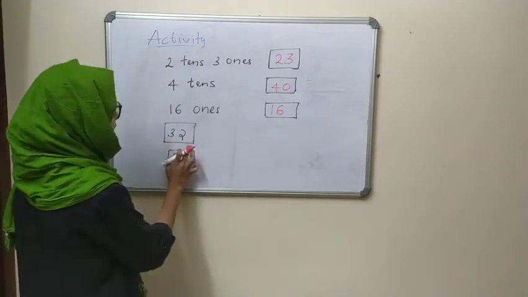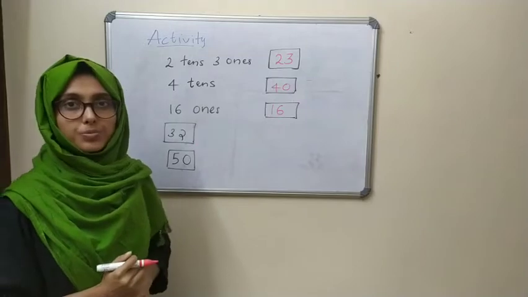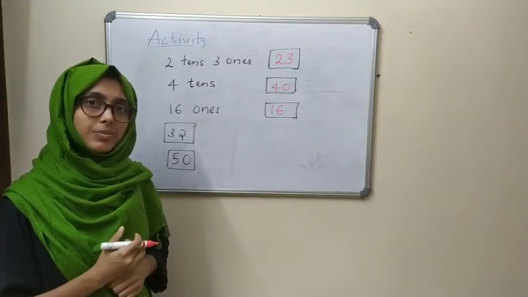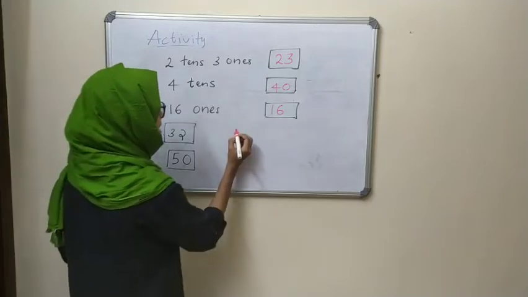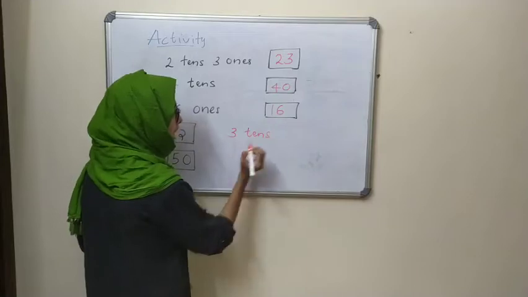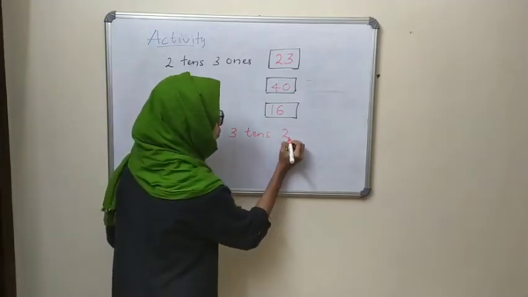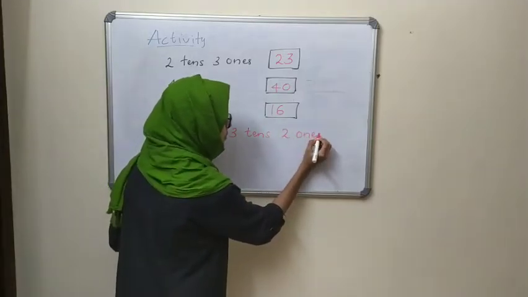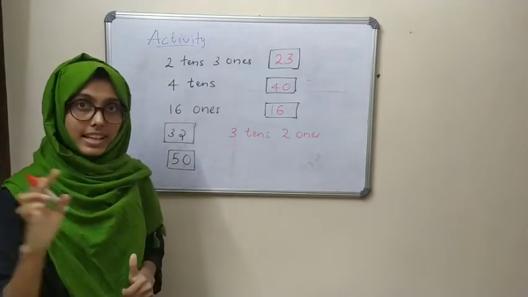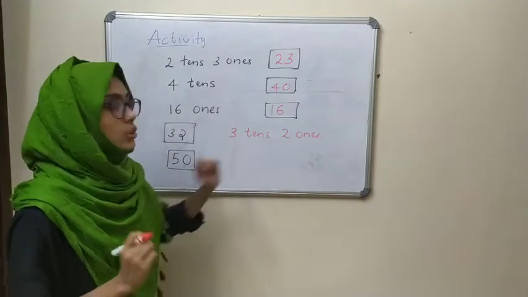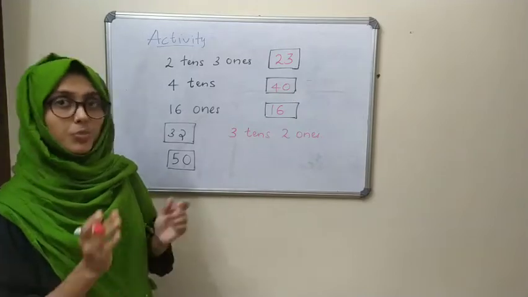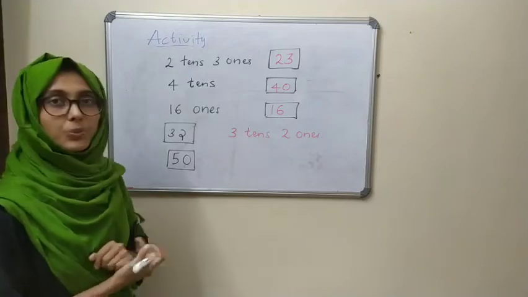Now look, there is a number 32. How will you write that? Yes, you can write 3 tens and 2 ones. So 3 tens means 3 10 rupees, that is 30. And 2 ones, 2 1 rupees. So 30 plus 2, 32.